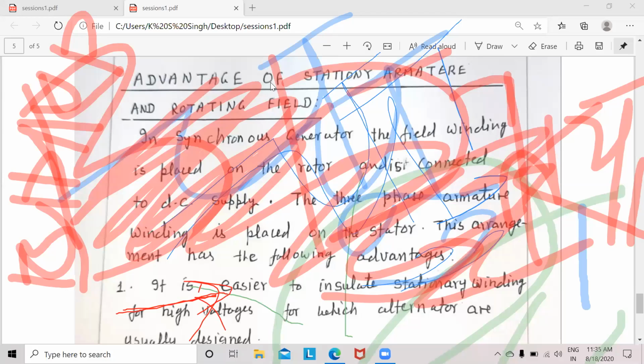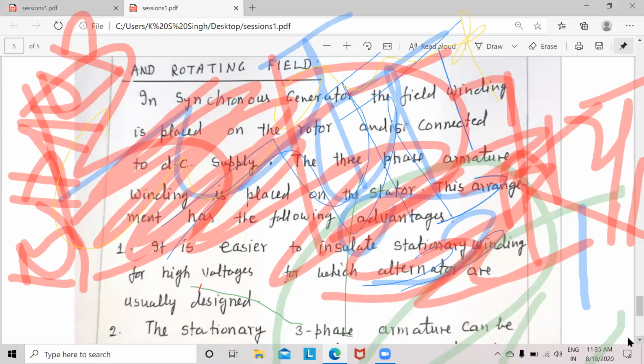But in the case of a DC generator, the voltage induced is 220, 230 volts only, because the EMF generated is larger in the case of a synchronous generator. Due to this, it requires more insulating material. It is difficult to add more insulating material if the armature winding is kept on the rotor, and the weight of the rotor will be increased.